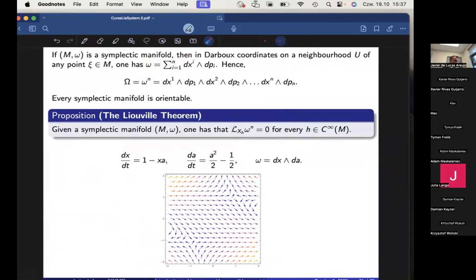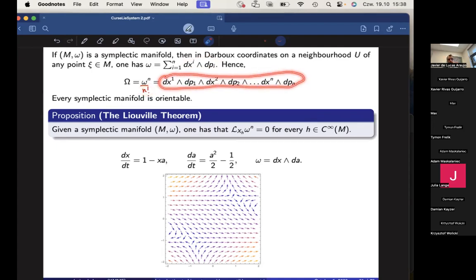When you do so, the pairs xi, pi that are repeated in the exterior product give 0, and the only elements you get are those that pair xi and pi with different indices. So at the very end, when you do this n times, what you obtain is something like this, up to a factor. And you can see that this is a volume form.